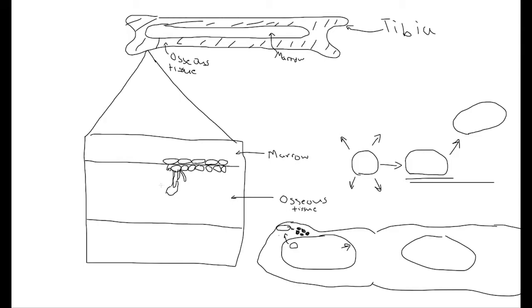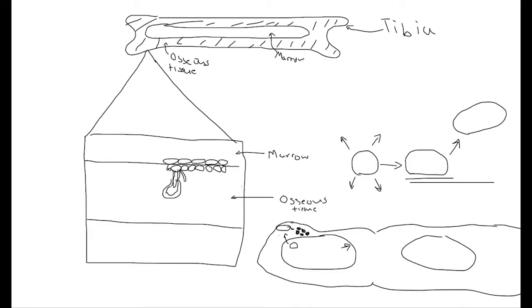Their processes are going to be in little pockets of space where there is no extracellular matrix. So an example of that would just be like this, sort of just surrounding it. By the way, these processes are much more plentiful. I'm just drawing a couple to represent them. These cells are responsible for maintaining the bone matrix.